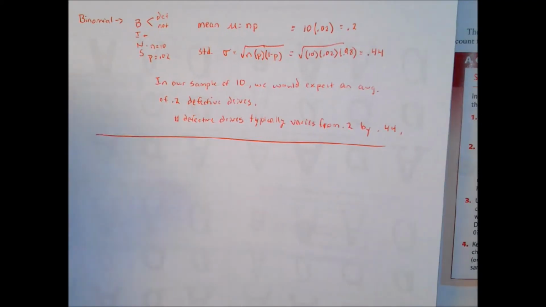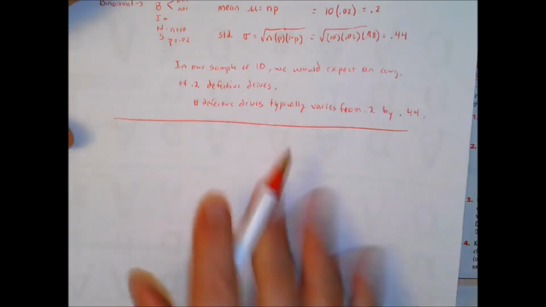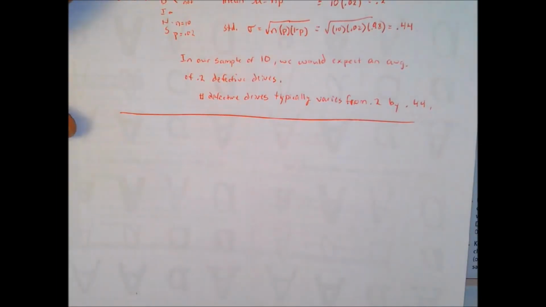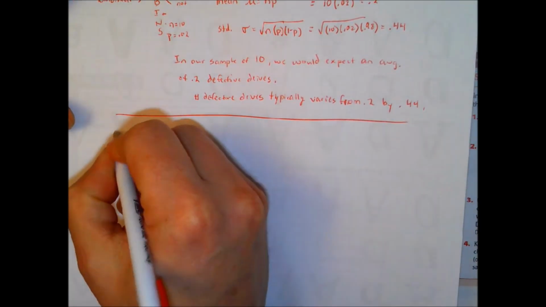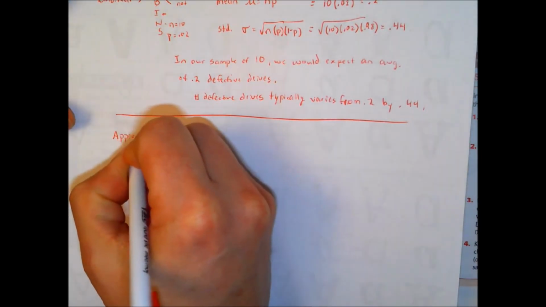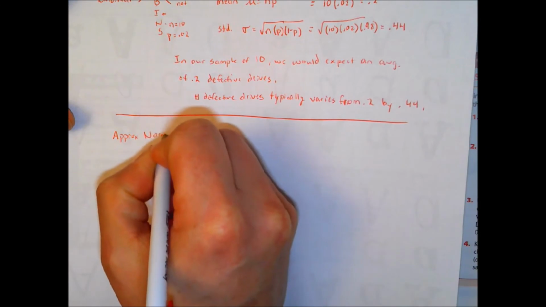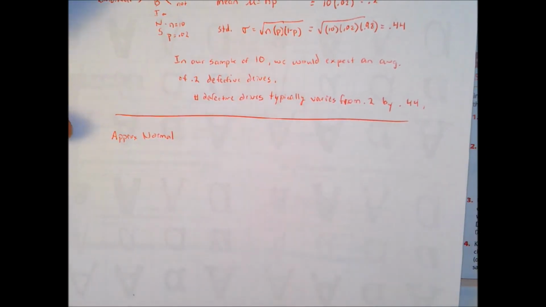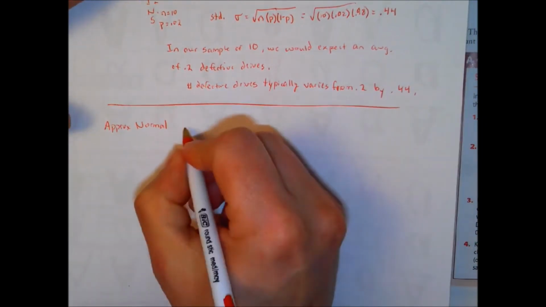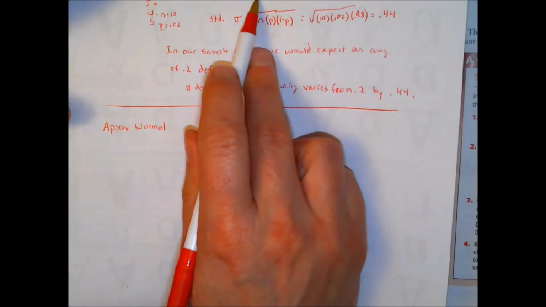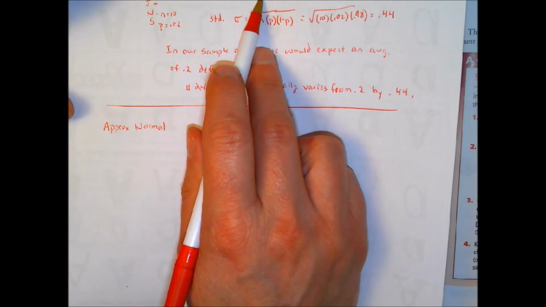So we saw in that other video that as we got more and more in our sample, instead of just 10, it becomes more and more normal. So for it to be approximately normal, we need the number of successes and the number of failures that we're expecting to be at least 10. The number of successes, the number of defective parts, was n times p, right?